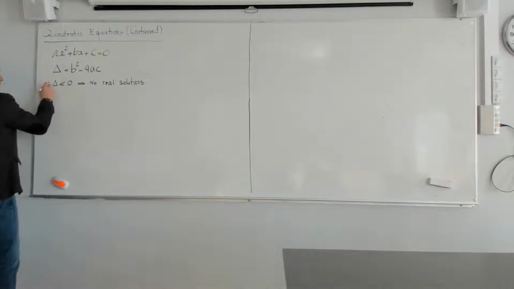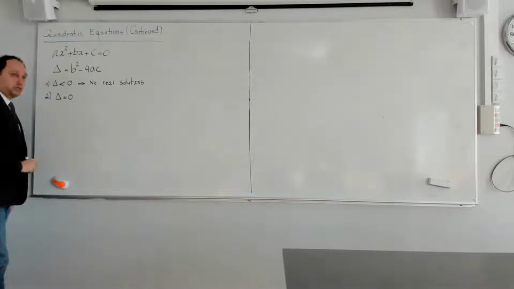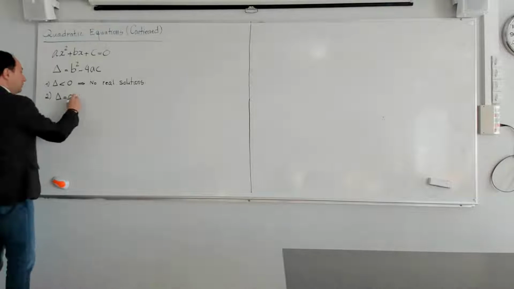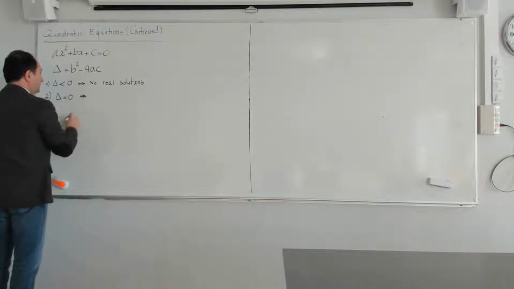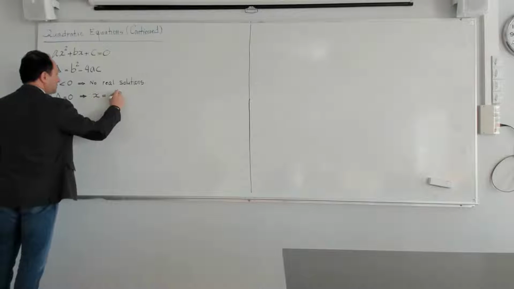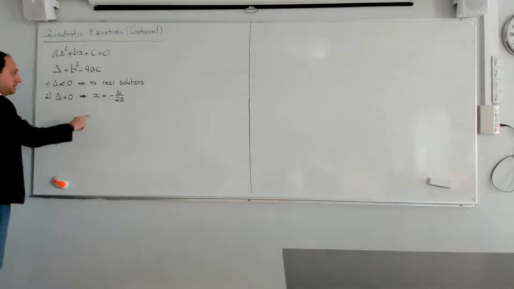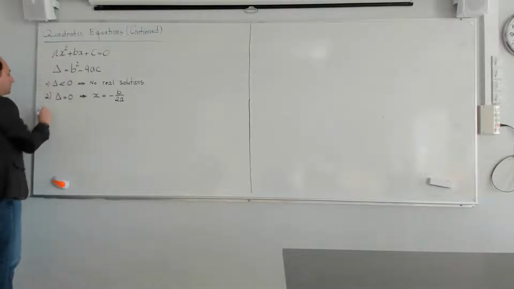Another possibility is that delta turns out to be 0. Then you have one single answer for the equation, and that answer has this formula, minus b over 2a. b is the coefficient of x, and a is the coefficient of x squared.